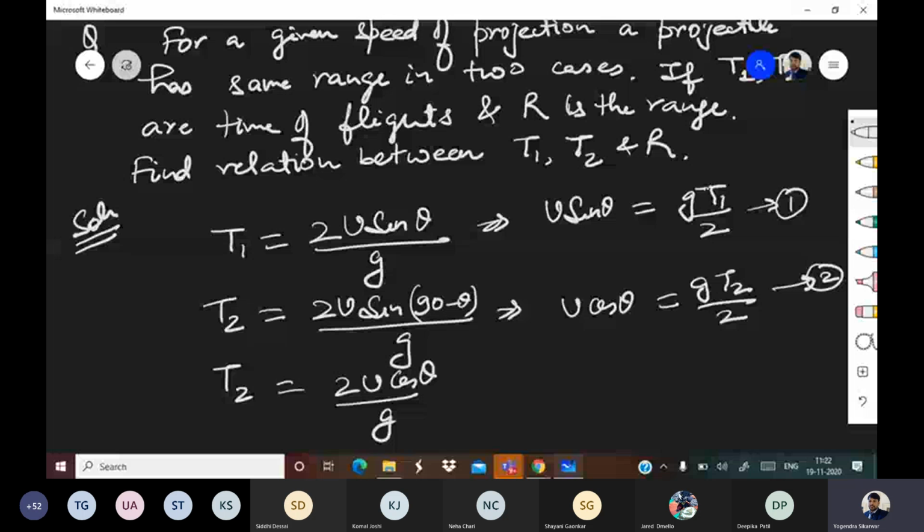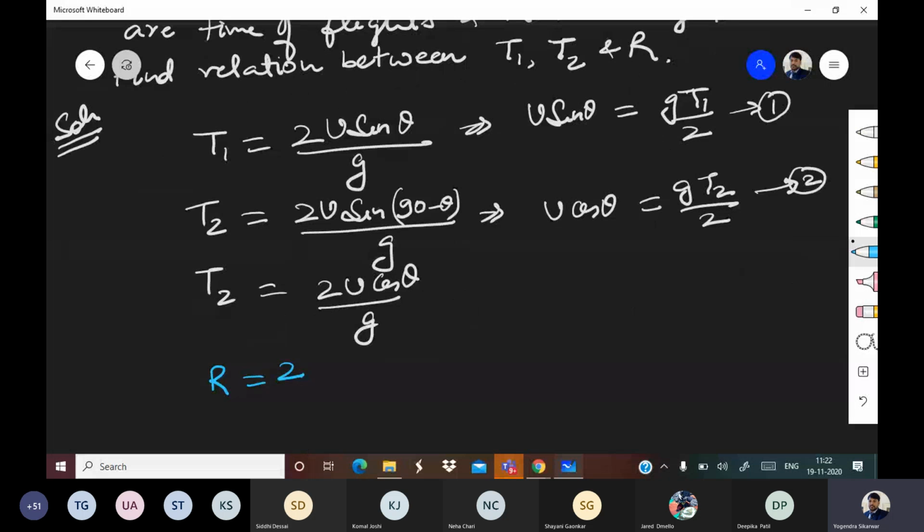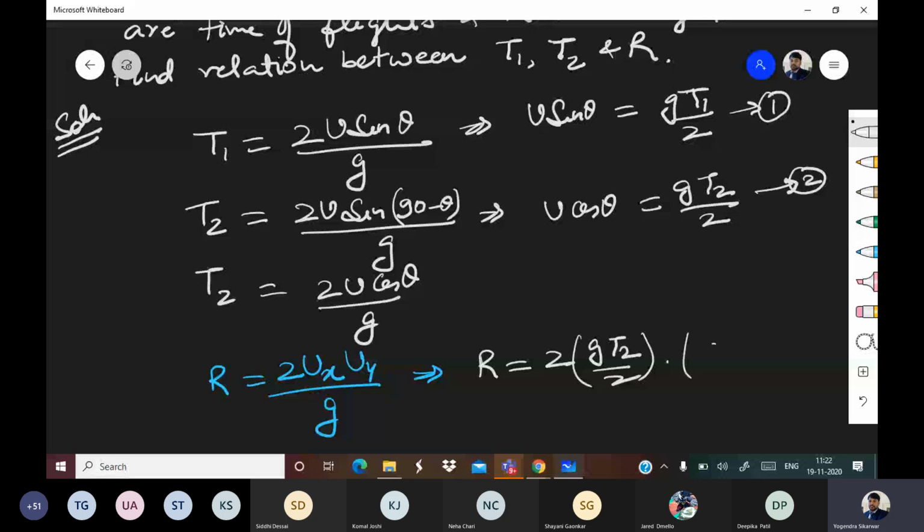All right. So now we have u sine theta, we have u cos theta, and we need to develop a relation with R. So we know R is equal to 2 into ux into uy by g. Correct? So R will be 2 into ux, and ux is u cos theta, which is g T2 by 2, into uy, that is u sine theta, which is g T1 by 2, upon g.